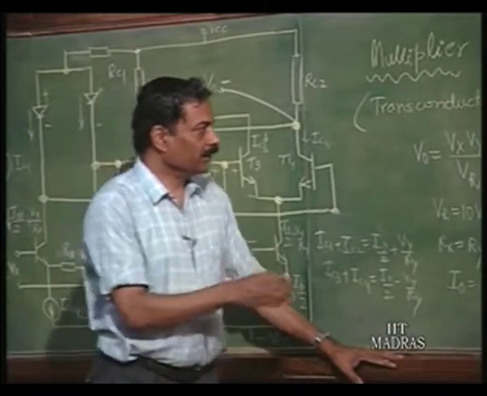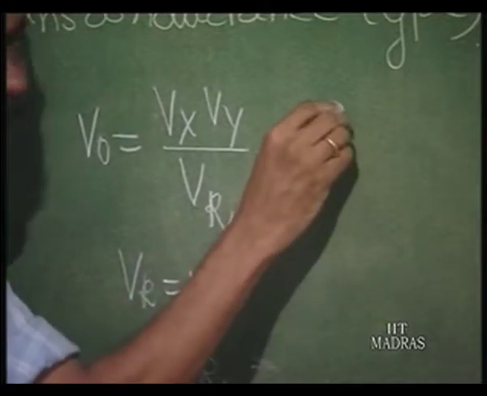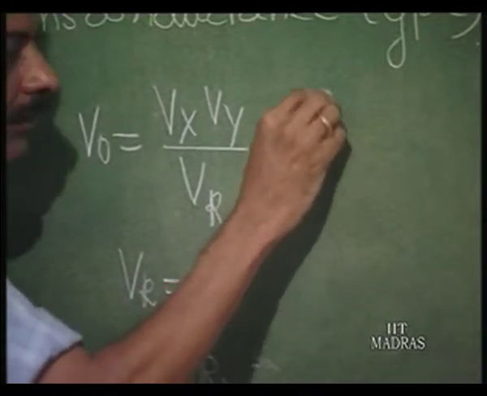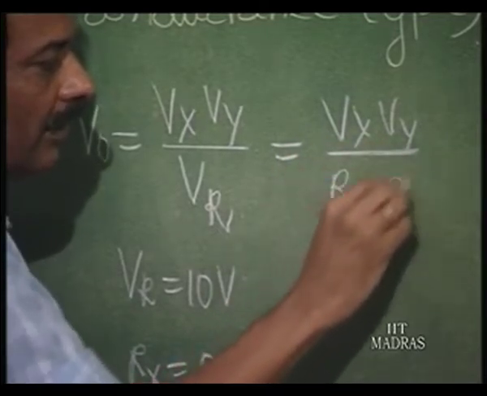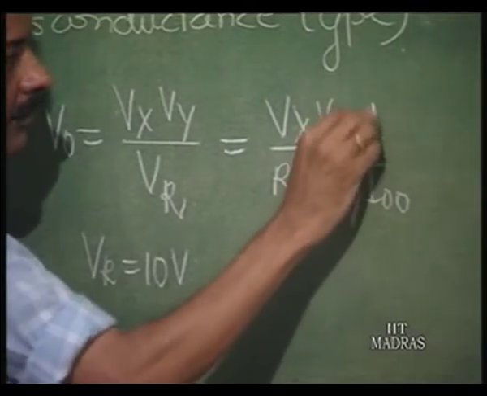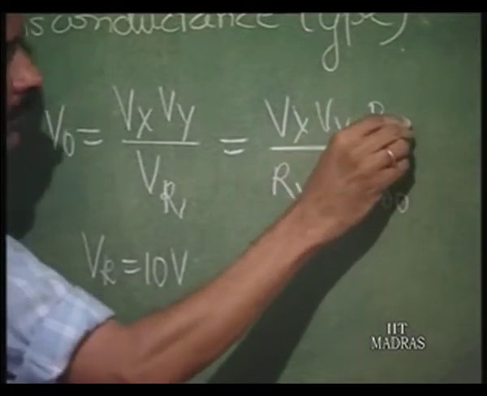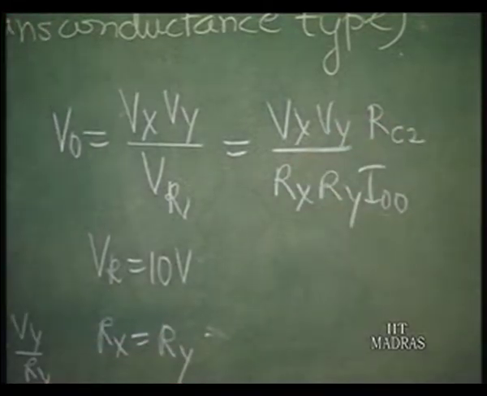What is the expression in terms of Rx, Ry? Can you give me this? Vx Vy Rx Ry I naught naught into RC2, right?